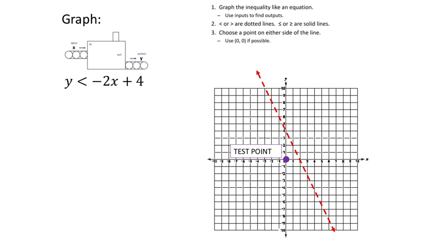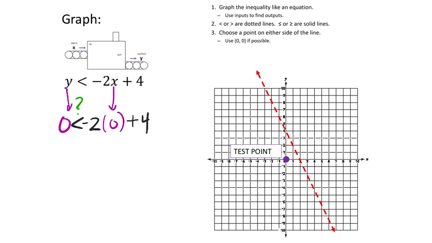So let's go back to the inequality. So I have to use the inequality now. But from the origin, the x value is 0, and the y value also is 0. So the inequality is looking like this. 0 is less than -2 times 0 plus 4. And I will put a question mark above that symbol because I don't know if that is true.